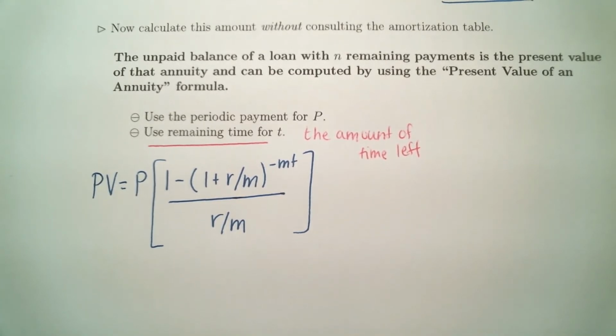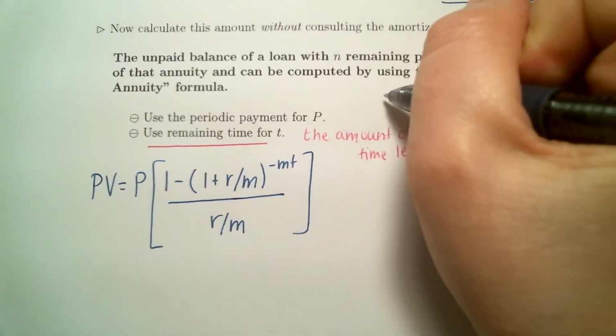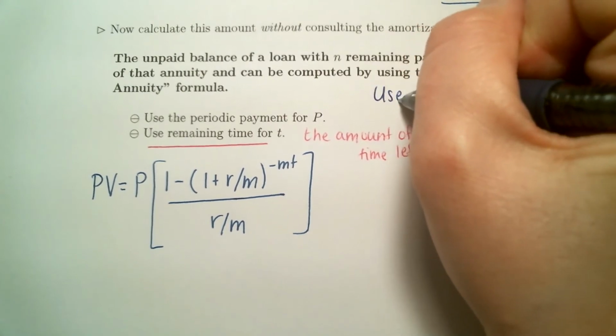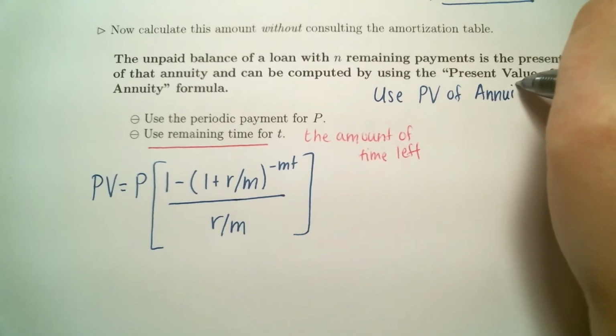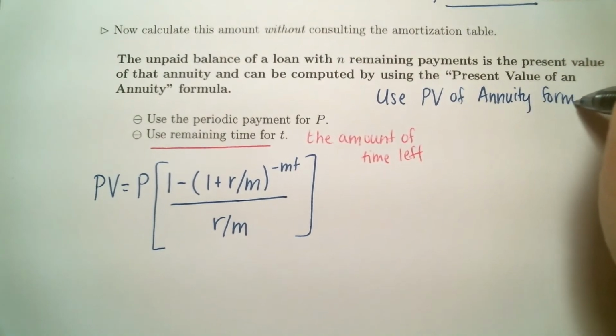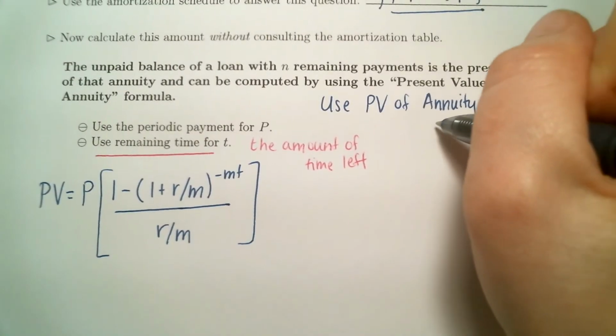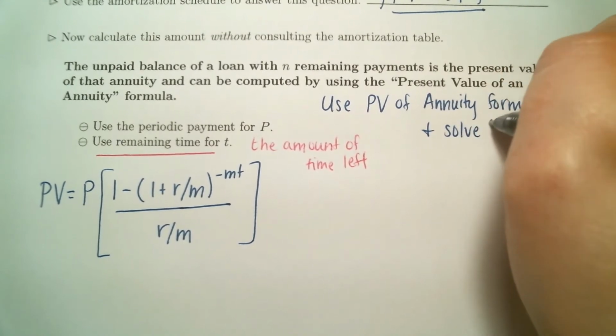Why? Because I want to know if I'm going to pay off the loan right now, how much I owe right now, which is the present value. So you need to use the present value of an annuity formula and solve for PV.